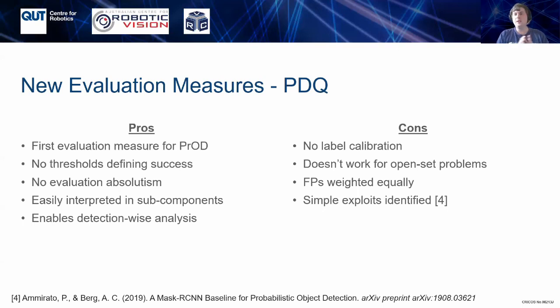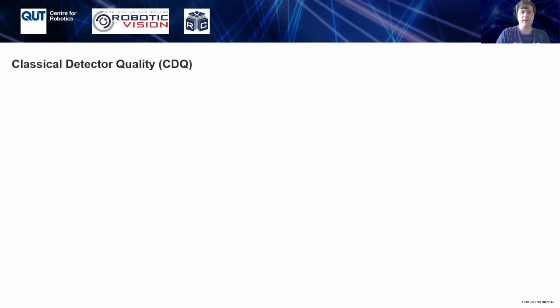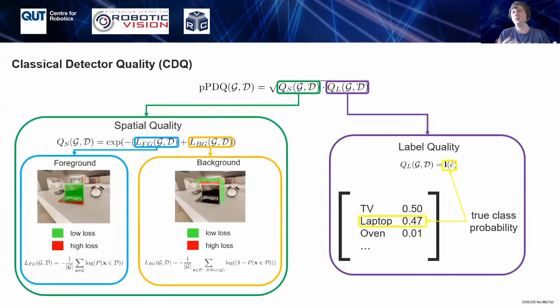So by no means is PDQ a perfect evaluation measure. And in fact, I think that the search for a perfect evaluation measure might in fact be part of the issue. But it does give us a certain extra set of tools that we don't really see in object detection at present. And this could in fact be converted to classical object detectors that don't have spatial uncertainty very easily.